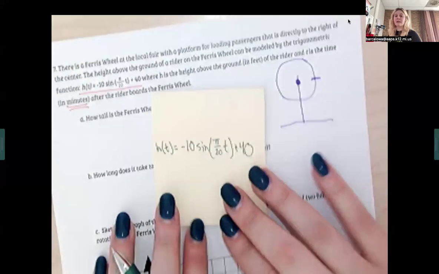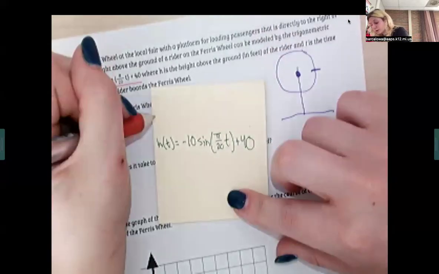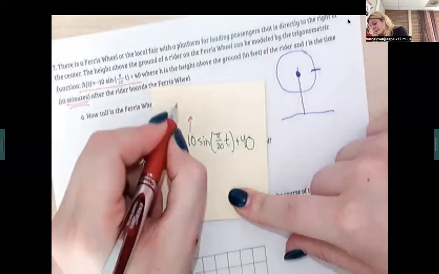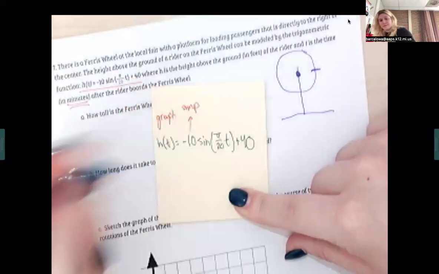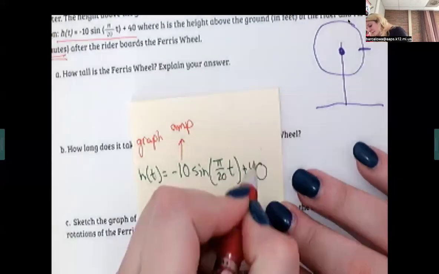Okay, let's compare some of our graph words to our circle words, okay? So from the graph, this is the amplitude, right? This is the midline.